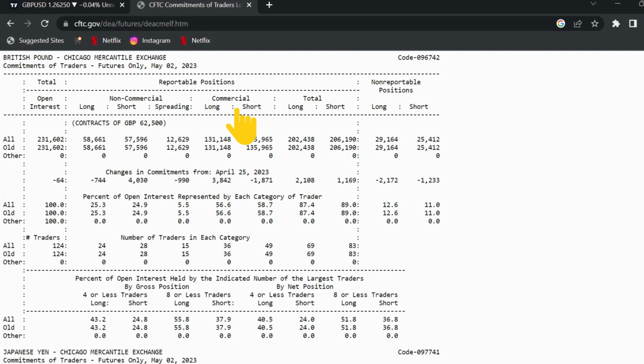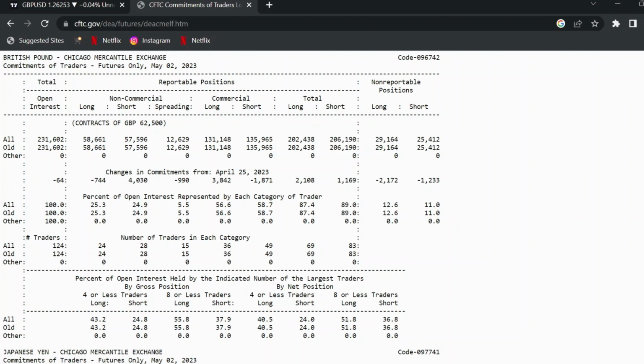So they don't buy to join the trend. They are simply buying or selling to hedge their clients against currency risk and transactions for the goods and services in the futures market.